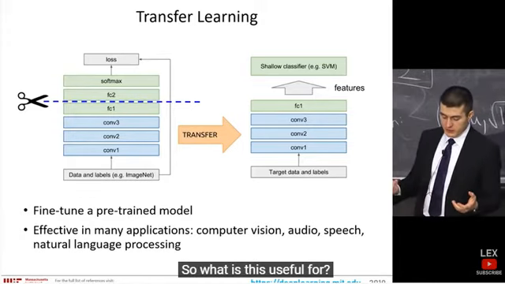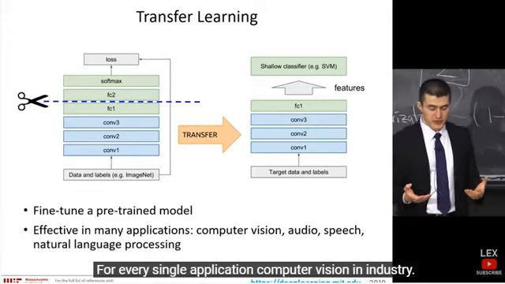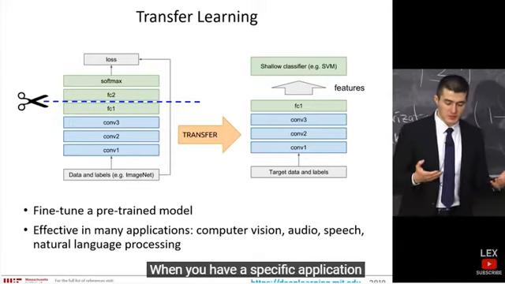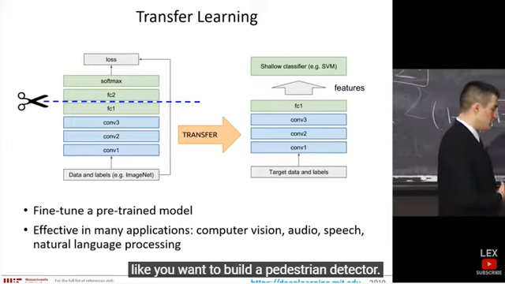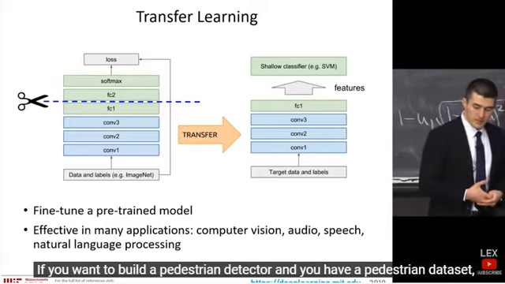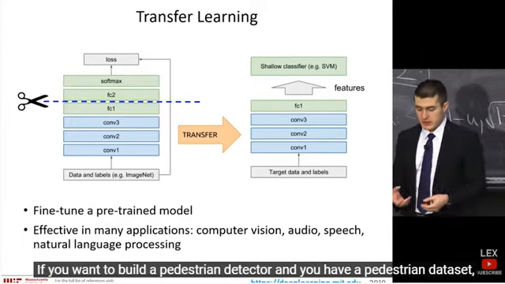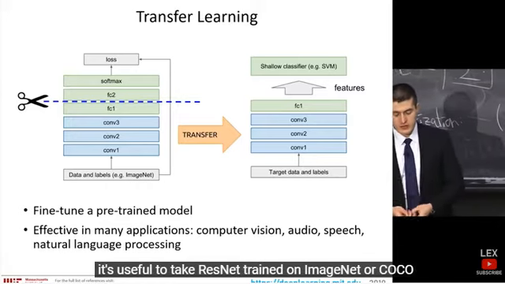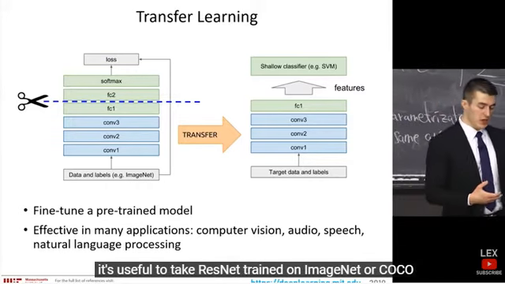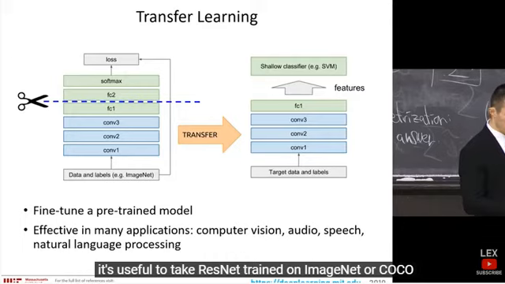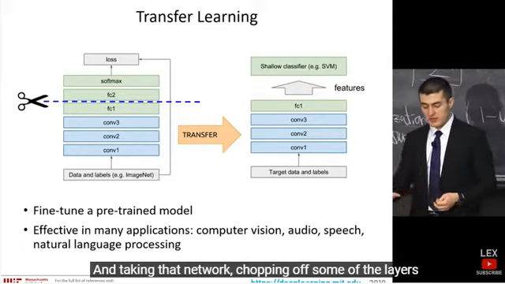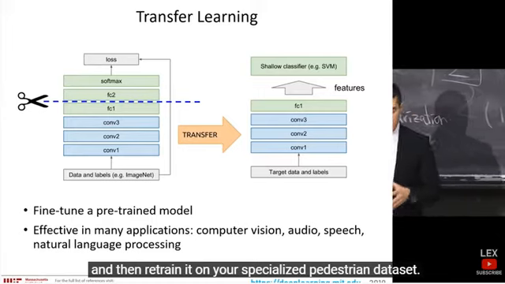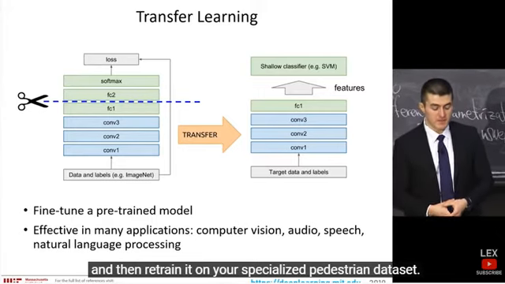So what is this useful for? For every single application in computer vision in industry, when you have a specific application, like you want to build a pedestrian detector and you have a pedestrian data set, it's useful to take ResNet trained on ImageNet or COCO in the general case of vision perception, chopping out some of the layers, and then retraining on your specialized pedestrian data set.